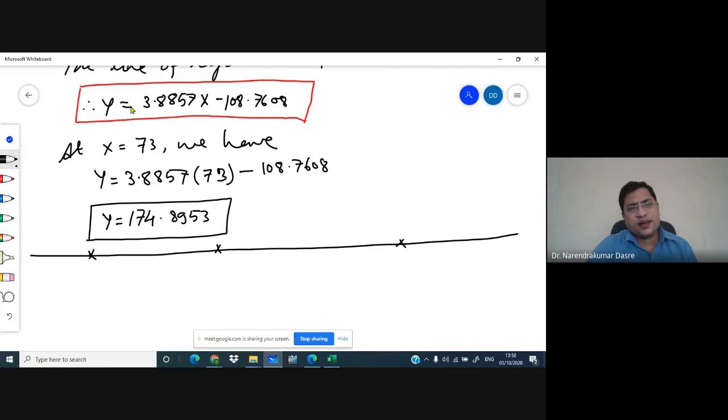So always we have to get the equation in the form y is equal to ax plus b, or y is equal to mx plus c. Anyway, using the equation of the line, we are able to get the value of the unknown parameter with the known value of one parameter.